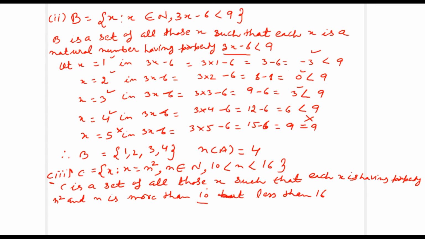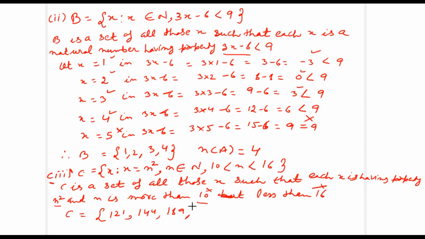So it is quite simple. More than 10 is 11. It is having the property n square. So the square of 11 would be 121. Next is 12, which gives 144. Next is 13, which gives 169.